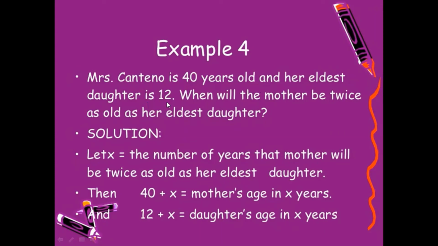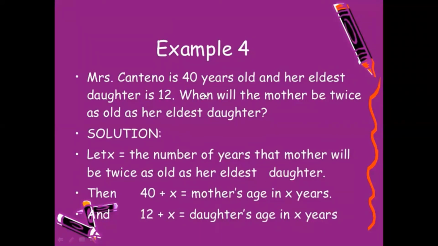This is the present. We are not calculating the age. We are just looking for the time period for those years. When will the mother be twice as old as her eldest daughter?